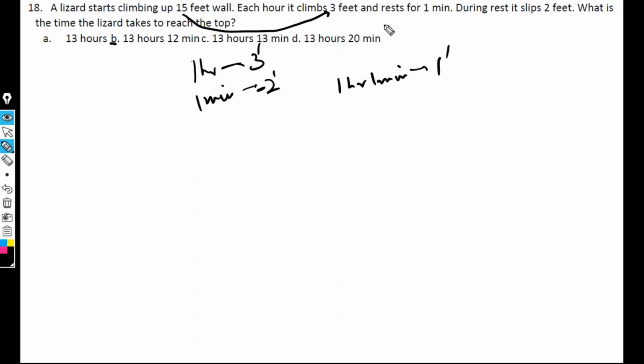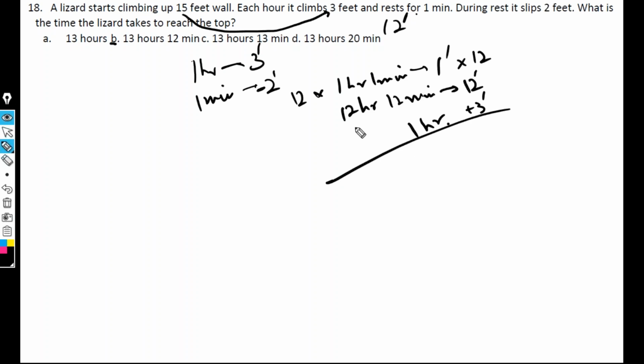Subtract 3 out of 15, so the leftover is 12 feet. So 12 divided by 1 is 12, multiplying both sides by 12. It gives us that in 12 hours 12 minutes, the lizard has climbed a total of 12 feet. So the leftover is 3 feet, which will be done in another 1 hour. So the time taken is 13 hours 12 minutes.